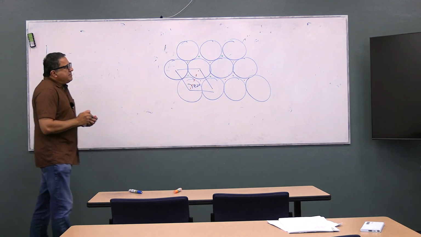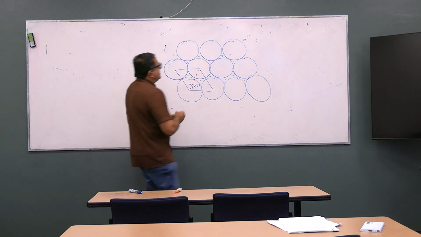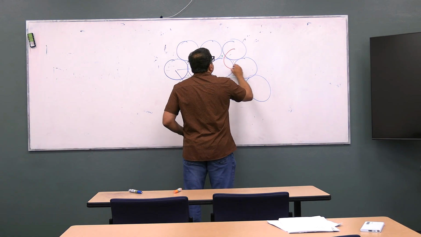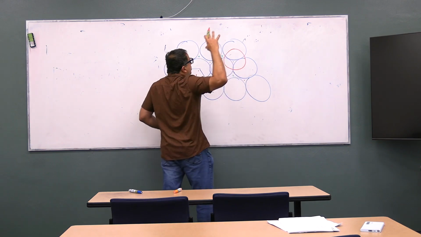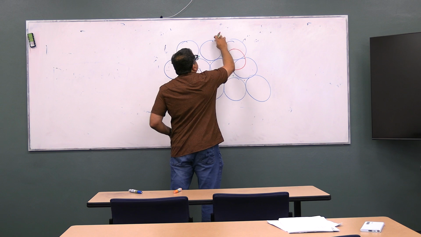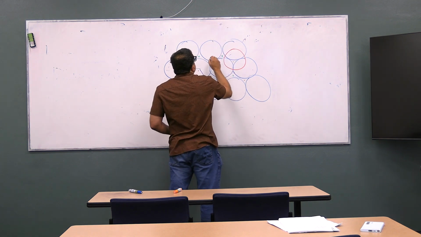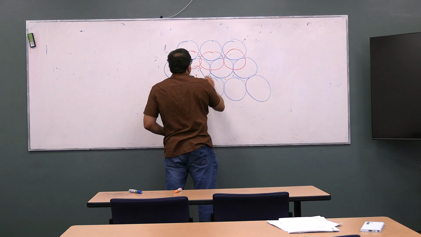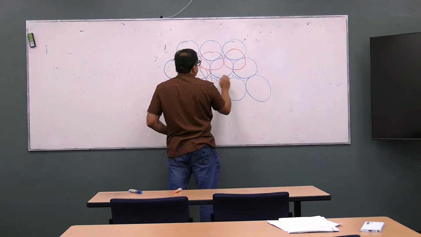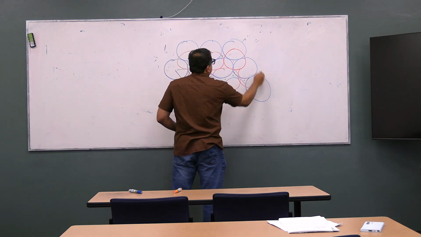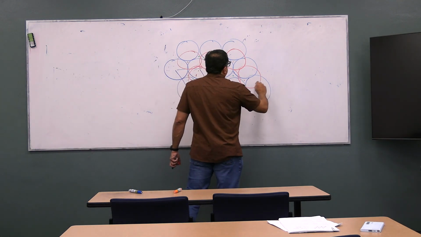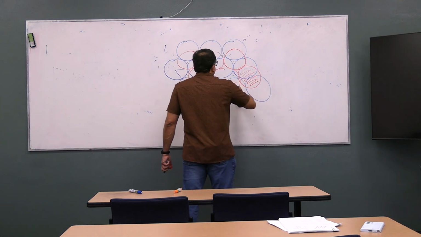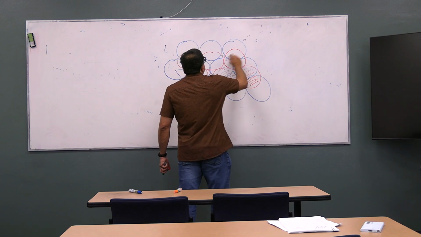So I can make a red layer that's centered around these sites. And if I put a red here, you know that this is a divot. I'm putting it from on top here, but it actually looks like this if it's coming from on top. So that red layer goes there, that goes there, and so on. That doesn't look very pretty. It's much easier to do on a computer. But here's the red layer.